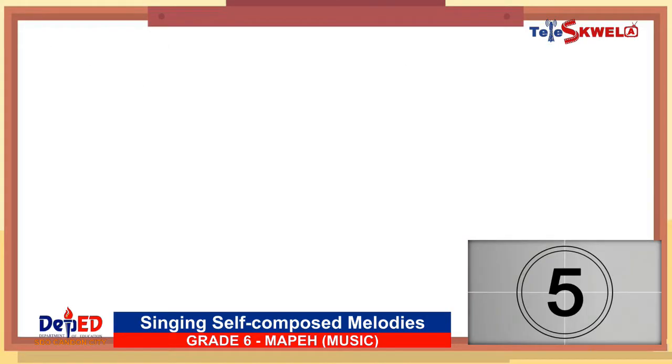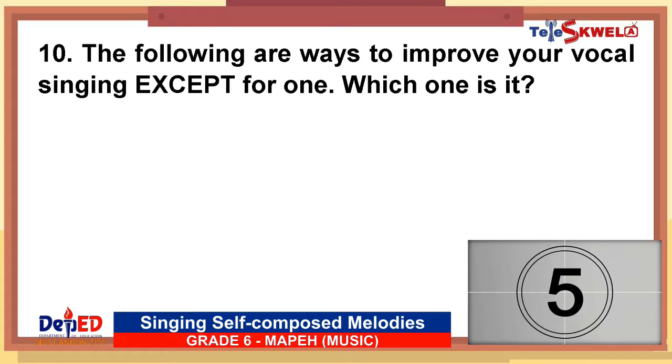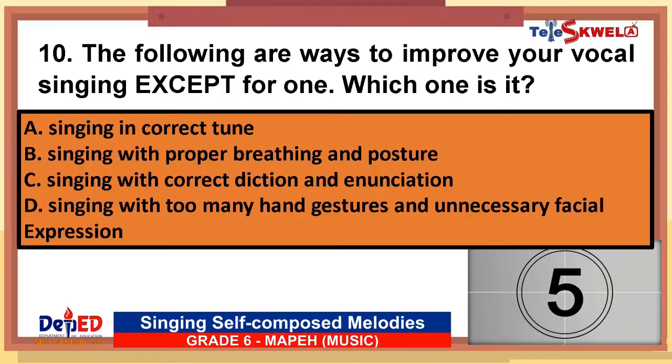Next one, number 10. The following are ways to improve your vocal singing except for one. Which one is it? The choices are letter A, singing in correct tune. Letter B, singing with proper breathing and posture. Letter C, singing with correct diction and enunciation.